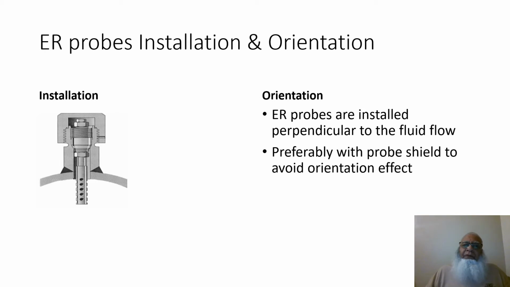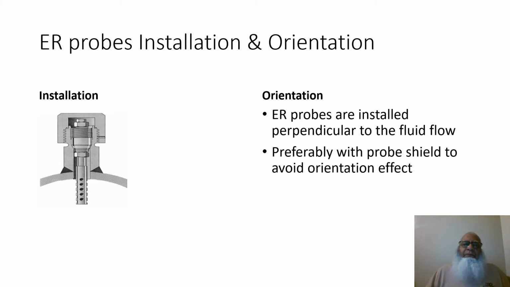Actually, these probes are installed perpendicular to the fluid flow so that each surface of the probe, or the surface of the actual loop, which is facing the fluid flow, must have an equal impact from the fluid flow.